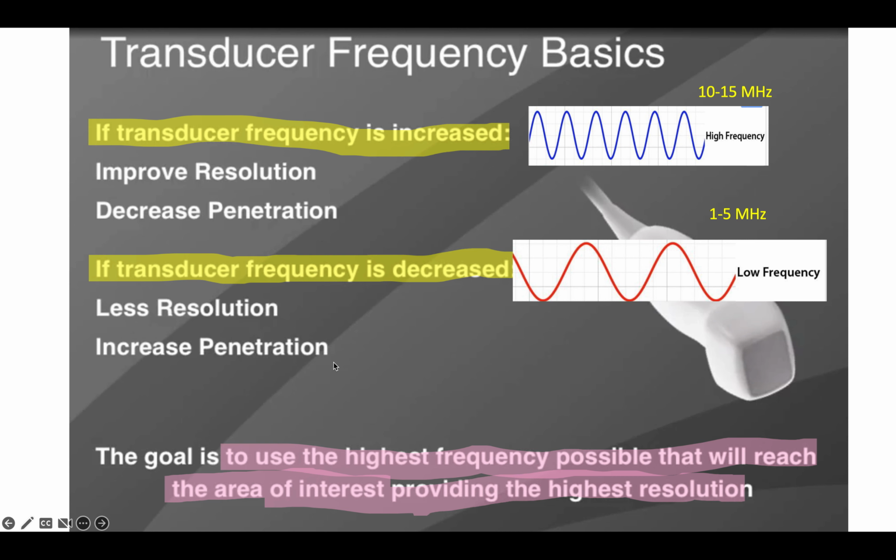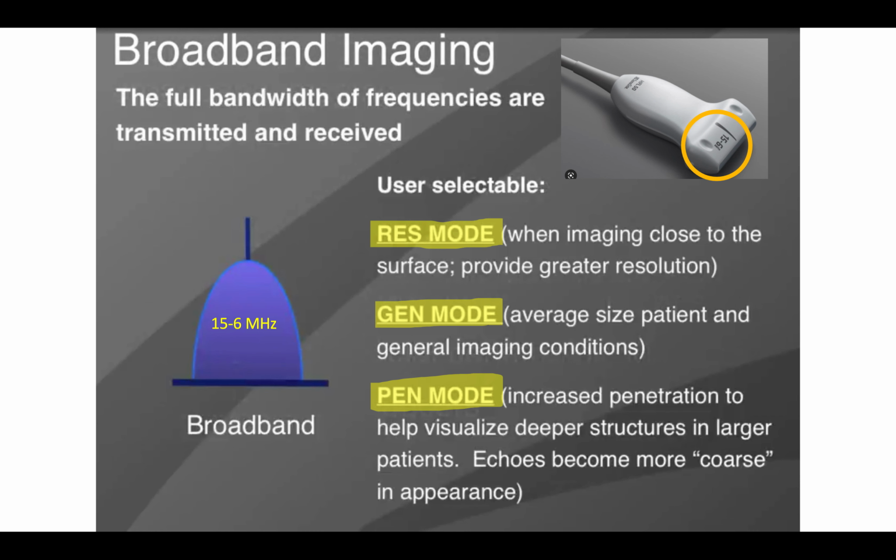And so when we're trying to choose the transducer for the task, the goal is to use the highest frequency possible that will reach the area of interest, providing the highest resolution. Also, you will notice that on our transducer, we see not just one number, let's say 5 or 10.